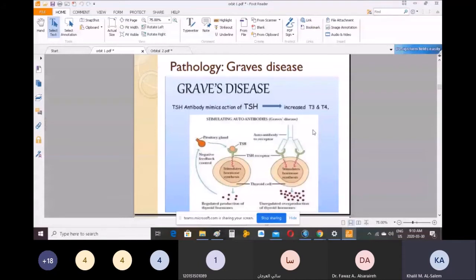The real mechanism is really unknown, but Graves' disease can be regarded as a problem of the orbit rather than a problem of the thyroid itself.